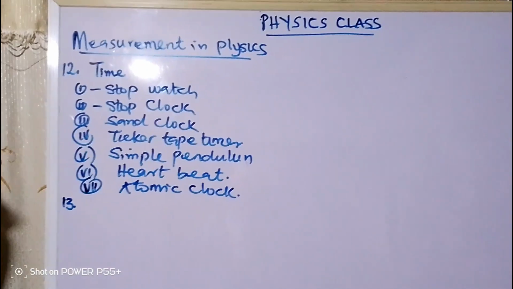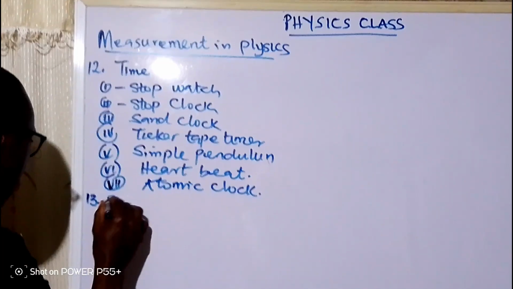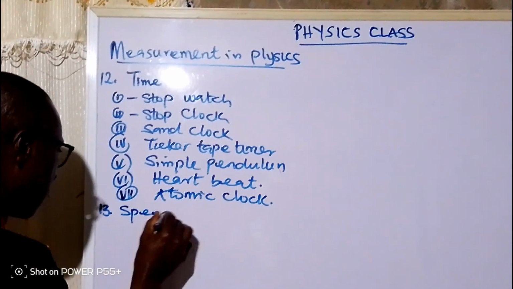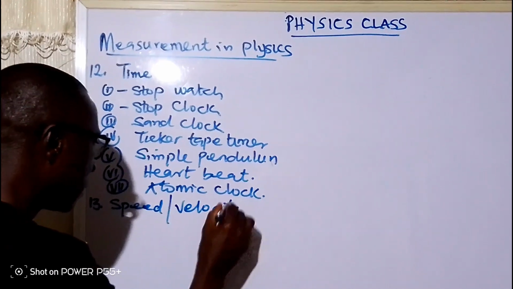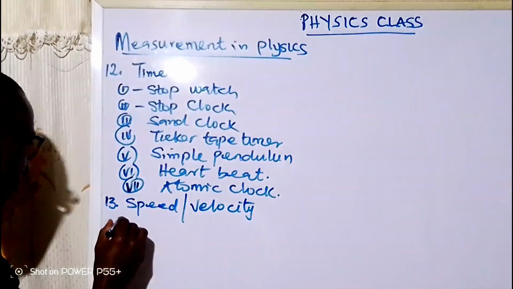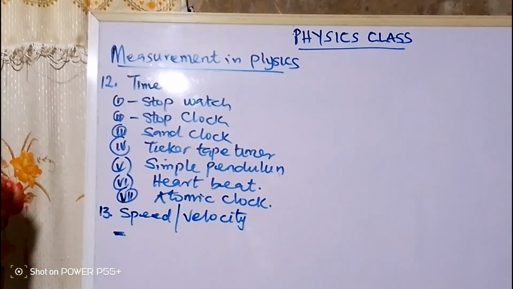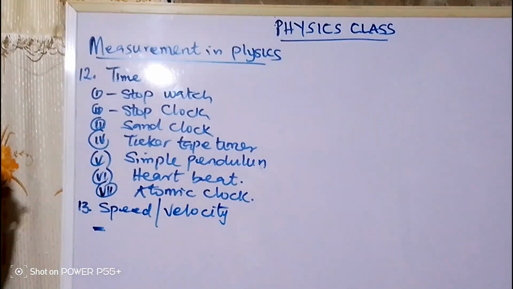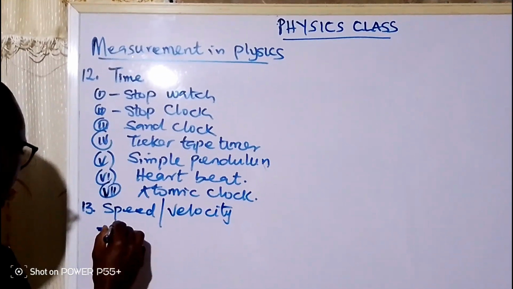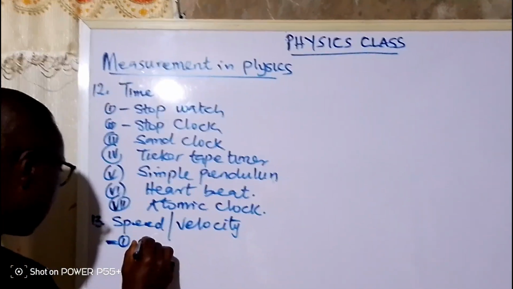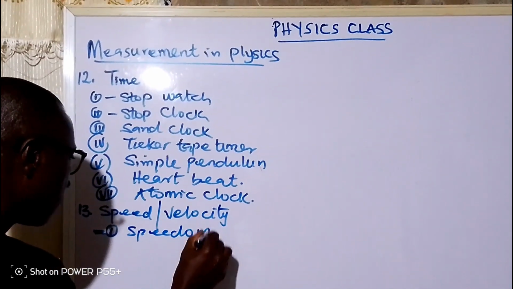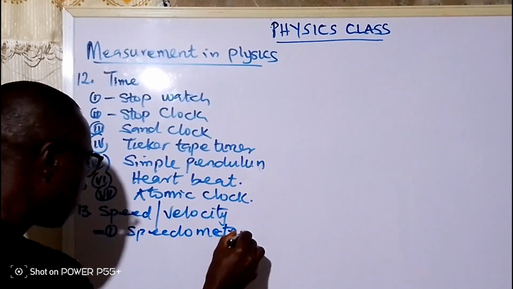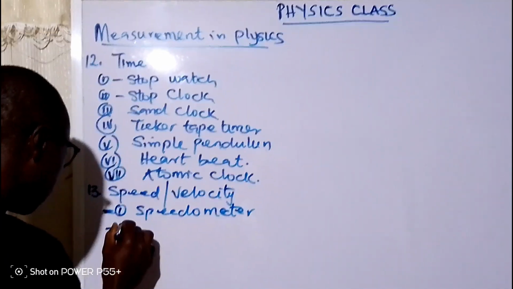The next one is speed or velocity. The possible instruments to measure speed or velocity are 1. Speedometer. 2.